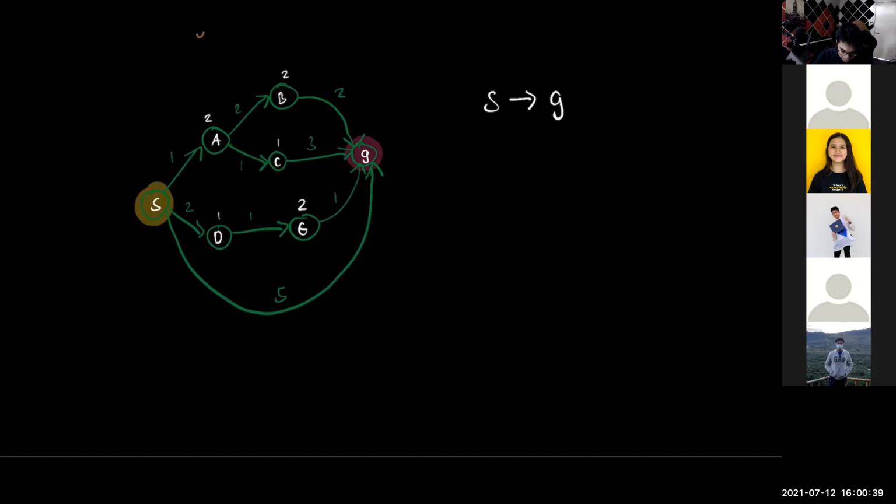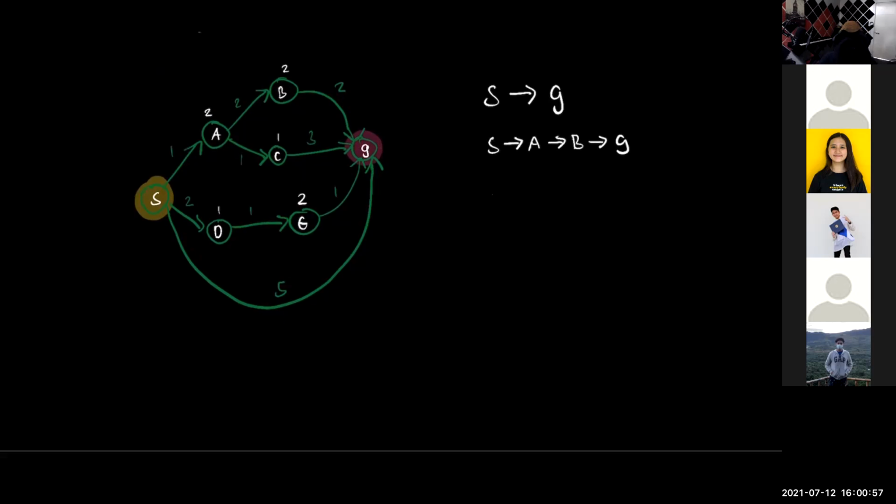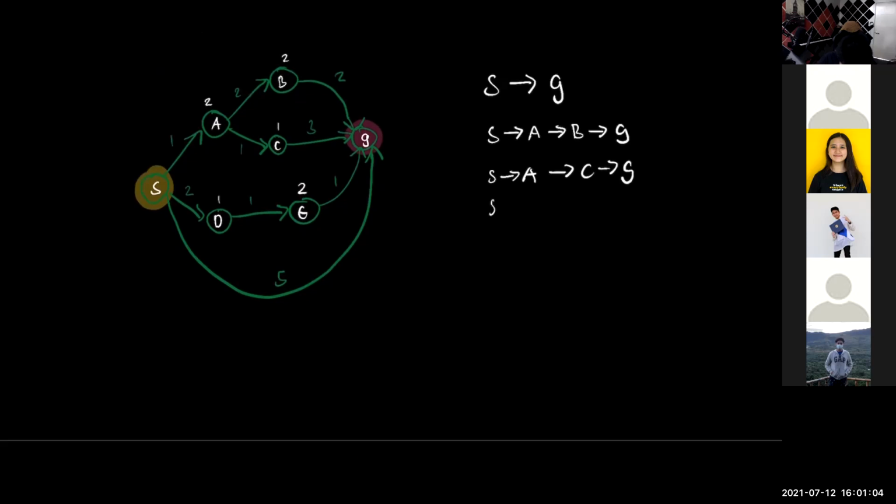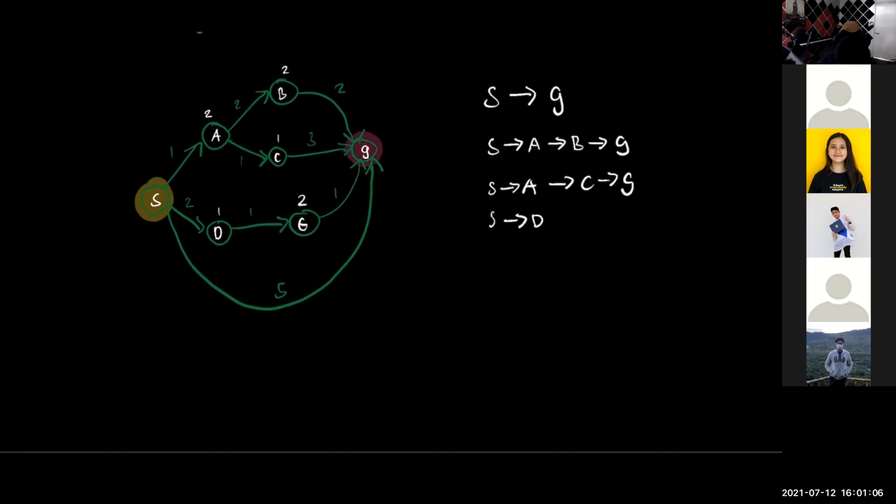So let's define these paths. For S to A to B to G, we have S to A to C to G, and then we have S to D to E to G, and then we have S to G.